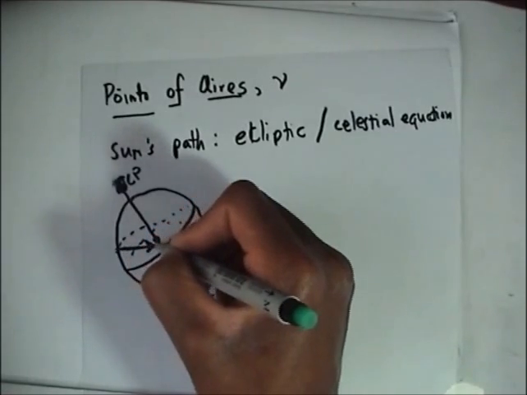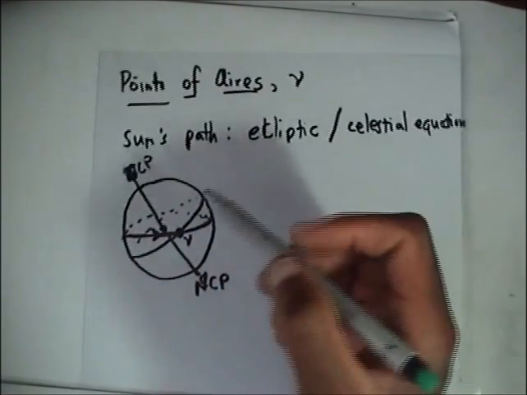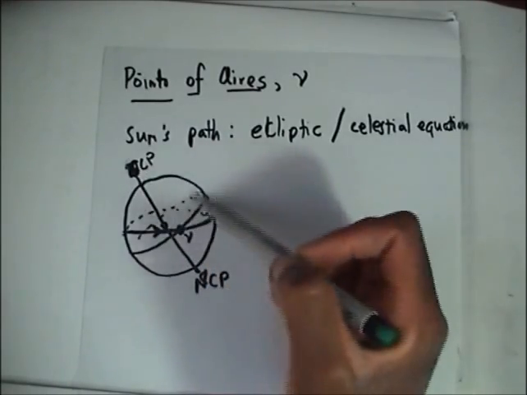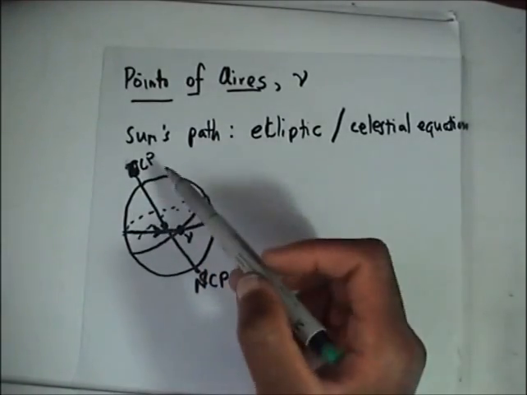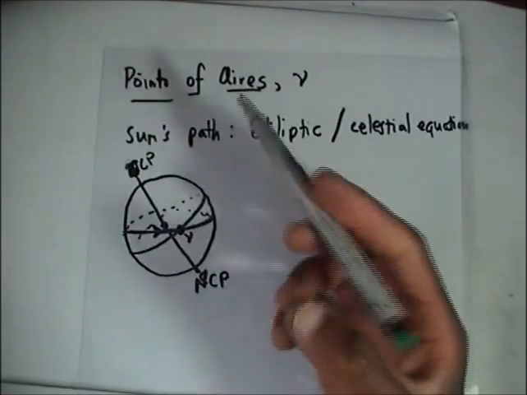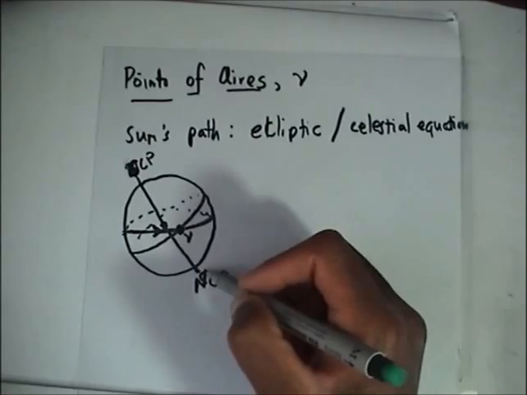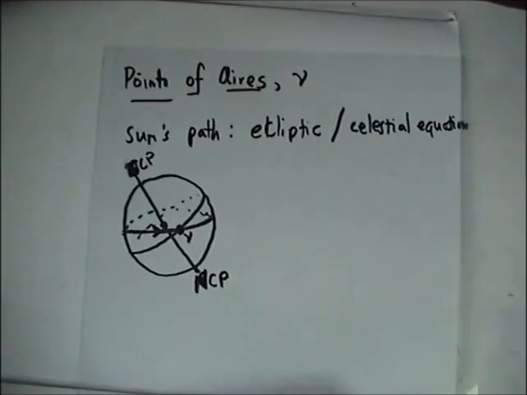The sun is moving from the southern hemisphere to the northern hemisphere. I want this point here to be called V. So this is the south celestial pole. This is the north celestial pole, like that.